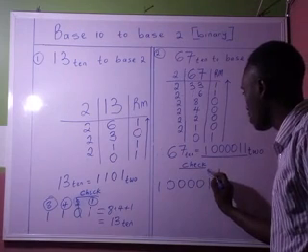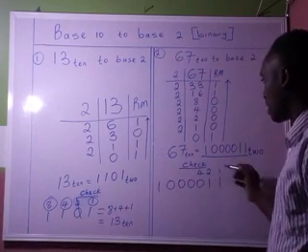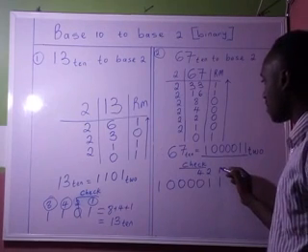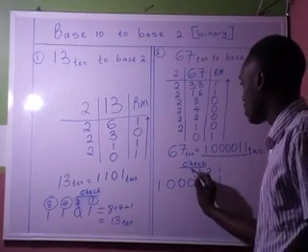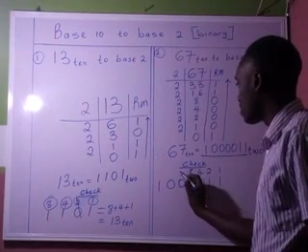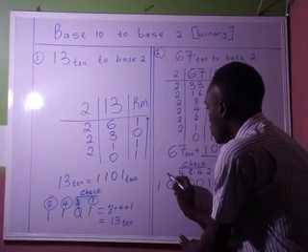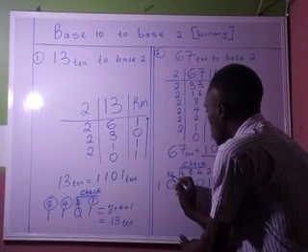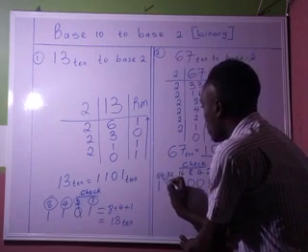The next number here will be 2. Next number here will be 4. That is, I will keep multiplying the number from 1 by 2. 4 multiplied by 2 is 8. 8 multiplied by 2, 16. 16 multiplied by 2, 32. And 32 multiplied by 2 will give us 64.